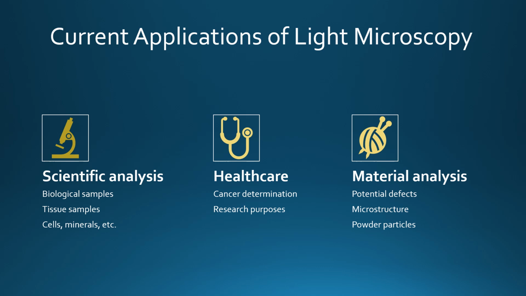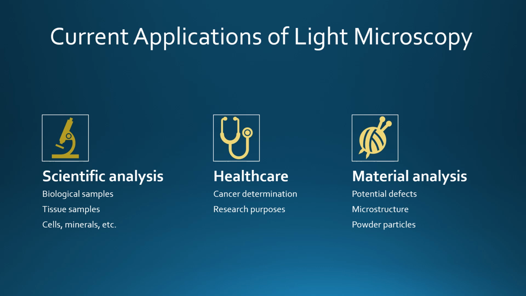So, what are the current applications of light microscopy? Current applications include scientific analysis. It can be used in healthcare. It can also be used in material analysis. For scientific analysis, it can be used in laboratories to develop vaccines, to look at cells as they are exposed to different environments.